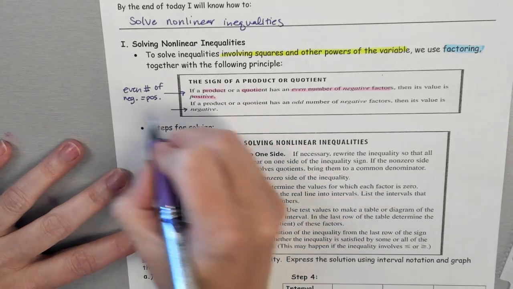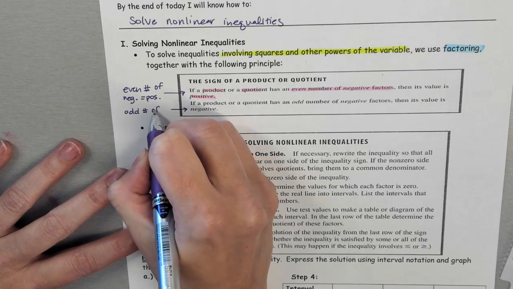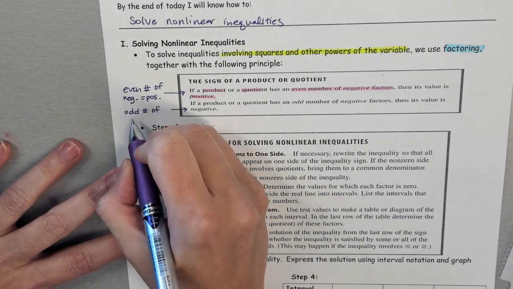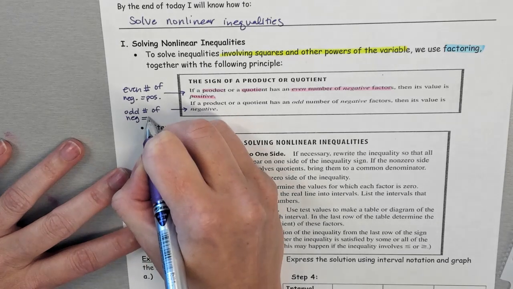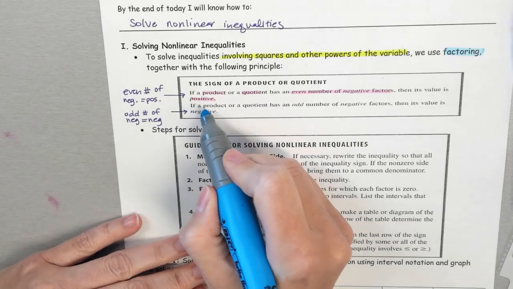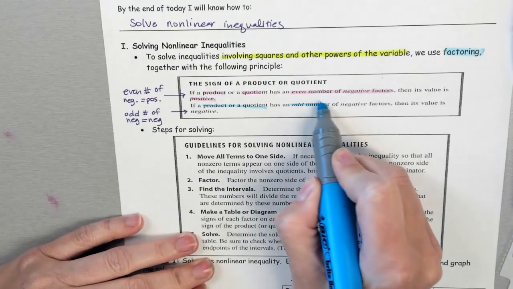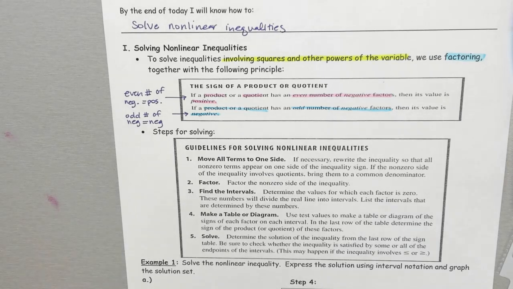For this one, they're going to tell you that if there's an odd number of negative factors being divided, that's when it's going to be a negative. Okay, so if a product or quotient has an odd number of negative factors, that's when your value is negative.